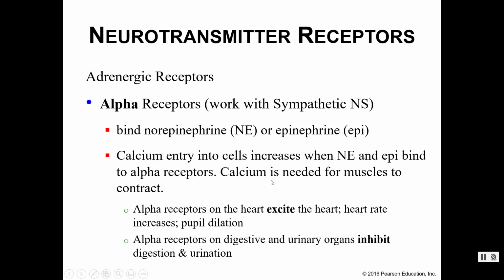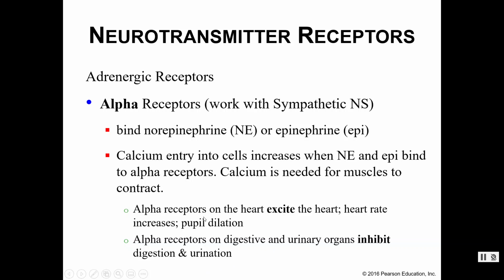Hopefully, you remember that calcium is needed for muscle contraction. We use calcium not only to help contract your skeletal muscles, but calcium is also required for all muscle contraction, including your heart.